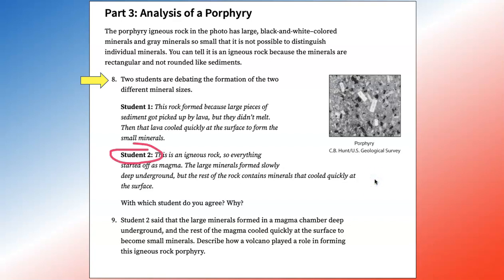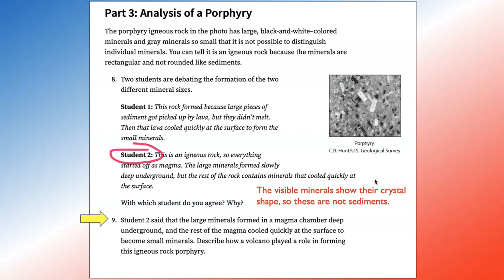Well, student 2 is correct, and that's because the visible minerals are showing their crystal shape. They're not pieces of sediment. Finally, student 2, who was correct, says that the large minerals formed in a magma chamber deep underground, and then the rest of the magma cooled quickly at the surface to become the small minerals of the ground mass.